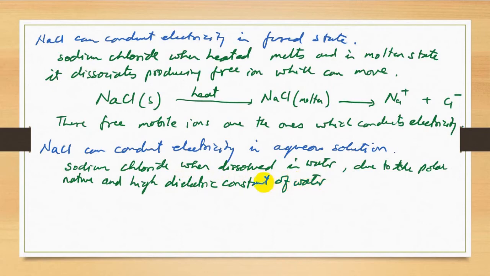Due to the polar nature, remember the first thing I have written is polar nature, means water also has charges. Because of that charges, these charges they break up. So sodium chloride when dissolved in water, due to the polar nature and high dielectric constant of water, it dissociates.